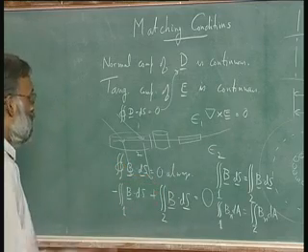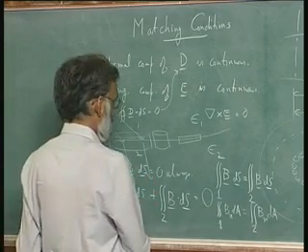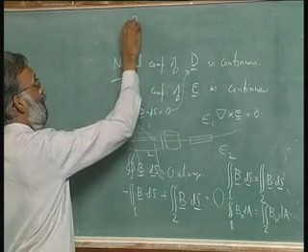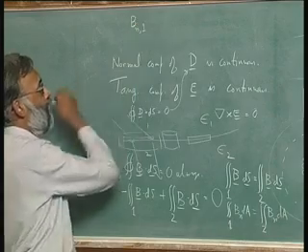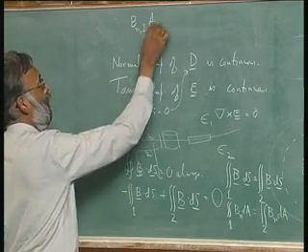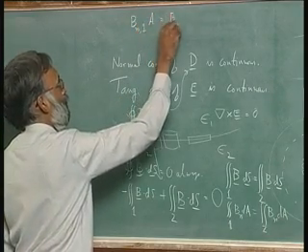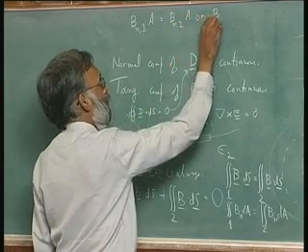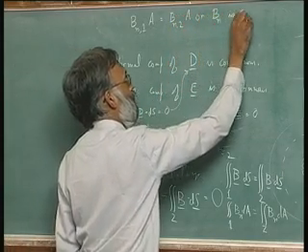So, this finally gives me my result, which is that B normal 1 times the area is equal to B normal 2 times the area, or B normal is continuous.